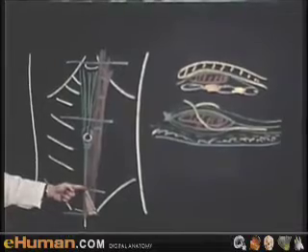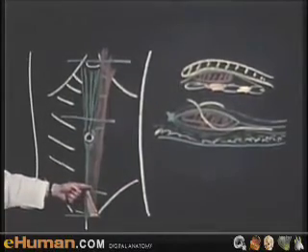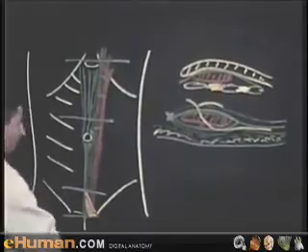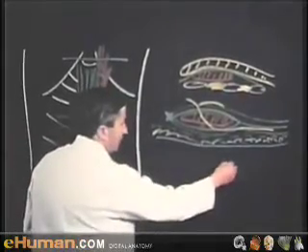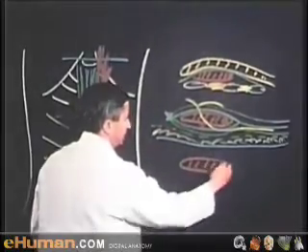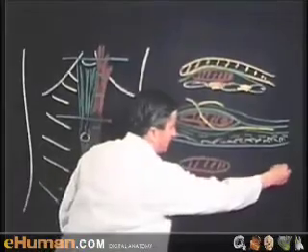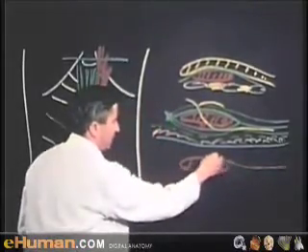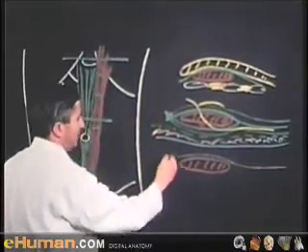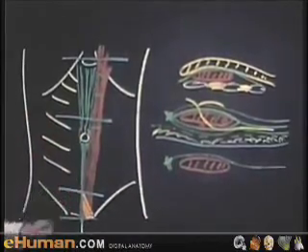Now let us take a section below the level of the anterior superior iliac spine in this region. We make our section across the rectus abdominis muscle. We draw in here the aponeurosis of the external oblique, passing in front and coming across to the midline and being attached to the linea alba.